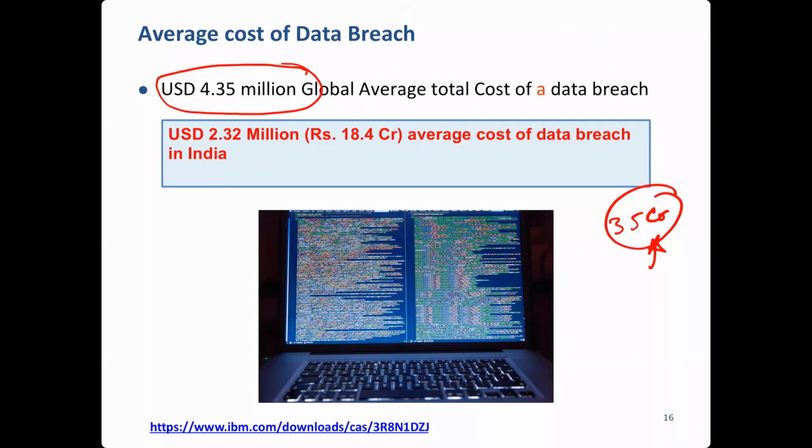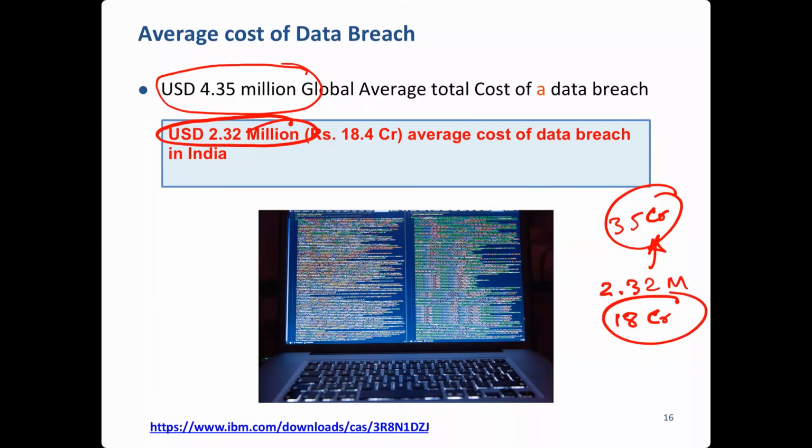And in India, organizations are paying an average cost of approximately 2.32 million, which amounts to approximately 17 or 18 crore.